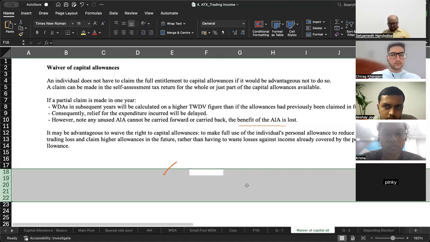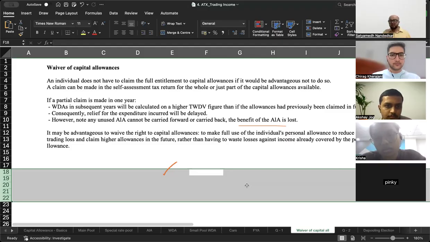And the company believes that in the next year we will have good profits, so we need some expenses to reduce the profits in the next year. So what a company can do is, it has a choice whether or not to claim the allowances in the current year. It can push the AIA claim to the next year. It can push the WDA claim to the next year. That is allowed.